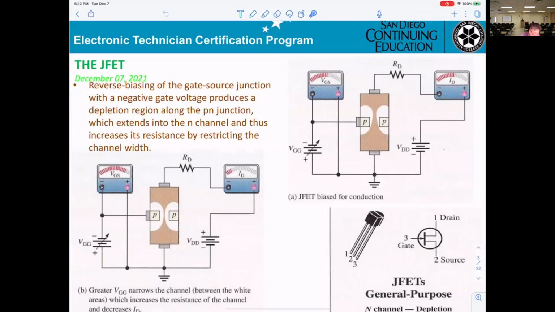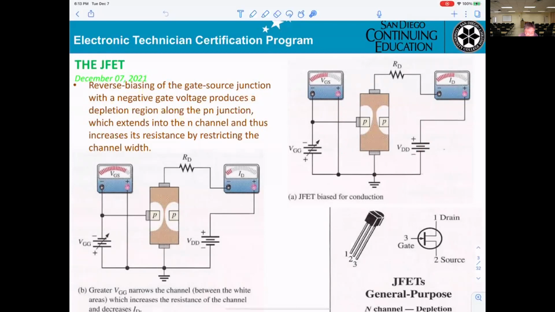If the channel is narrow, then less electron movement, so you get less current. So with more negative voltage at the gate, you get less current going from the drain to the source.